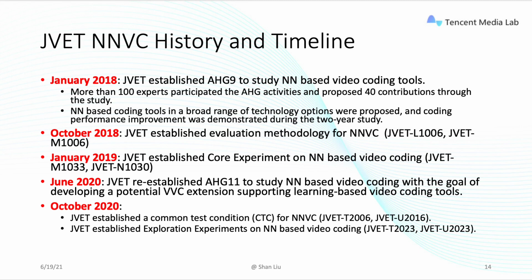This page provides the history and timeline of JVET neural network video coding activities. As we can see, the neural network-based video coding exploration under JVET can be traced back to as early as 2018, and it is still actively ongoing.